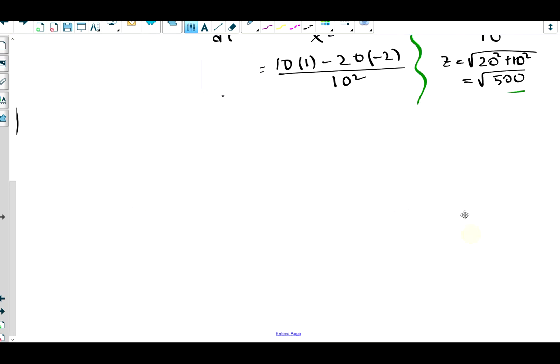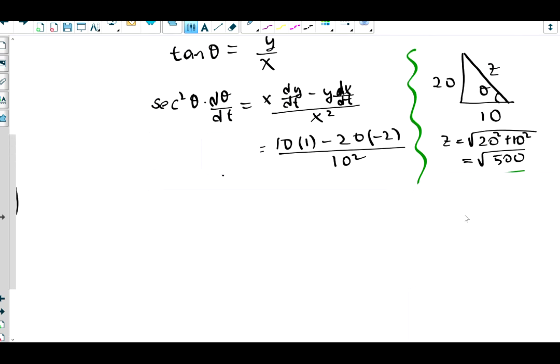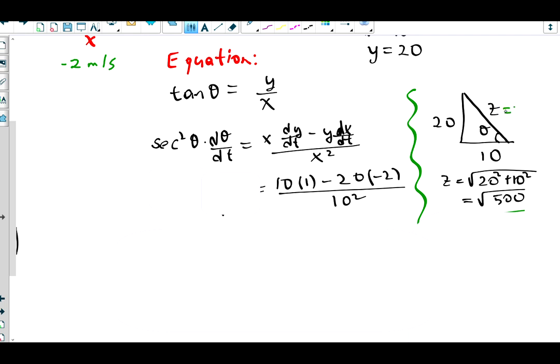So from there, if this is the square root of 500, what is secant of theta? I can actually simplify that as 5 times 100. 100 comes outside as 10, so that could be 10 times the square root of 5. To find secant of theta, let's remember, what is secant in general? It's 1 over cosine, right?